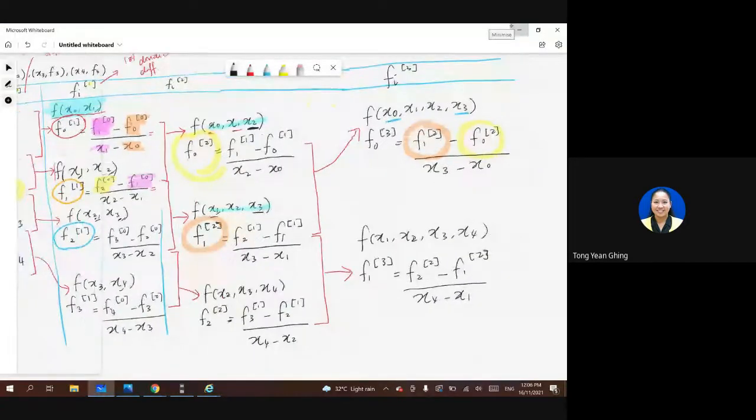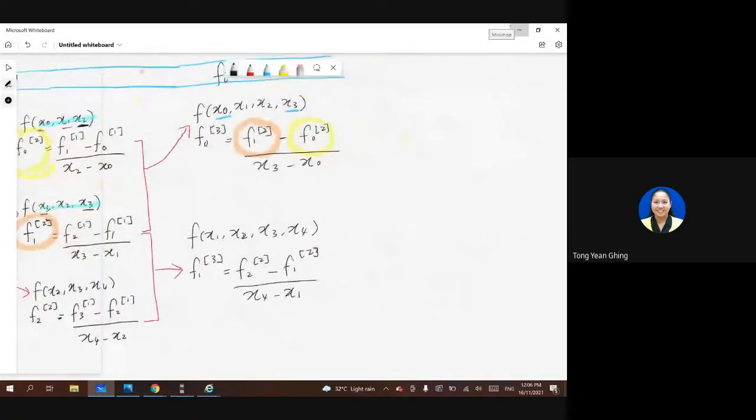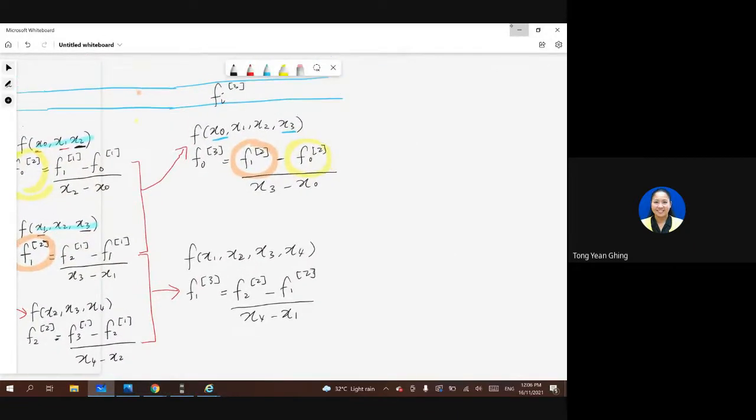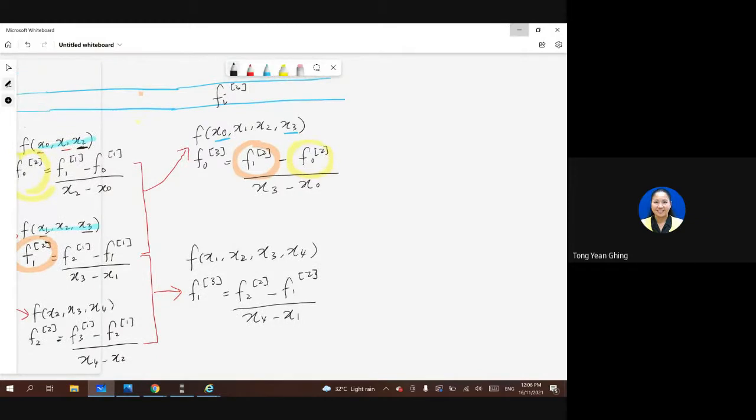Okay, now the last, because we have 5 data points, so our n is 4. So we have to do until 4th degree divided difference. So last kali adalah F, 4th degree kan. So kita akan consider these two. Okay.